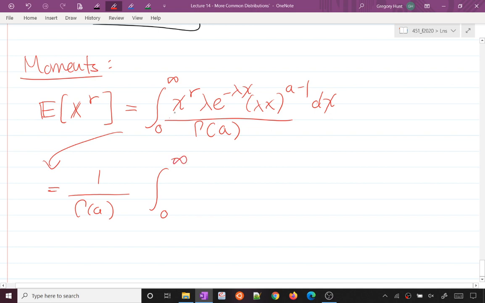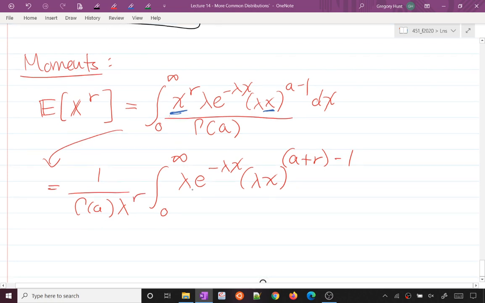I'll have an integral. I'm going to push this x, combine it with that x, right? So what I'd like to say is this is lambda e to the negative lambda x times lambda x to the a plus r minus 1. But now I have too many lambdas because I've just arbitrarily increased this, so I have to divide through by lambda to the r. Now I'm okay. Now these two statements are equivalent.